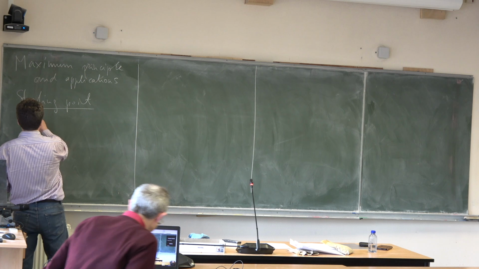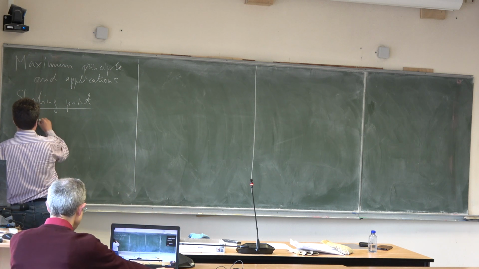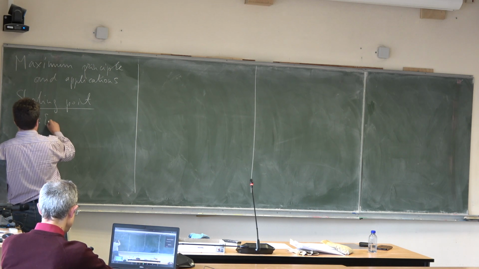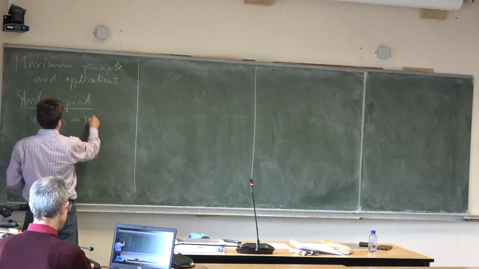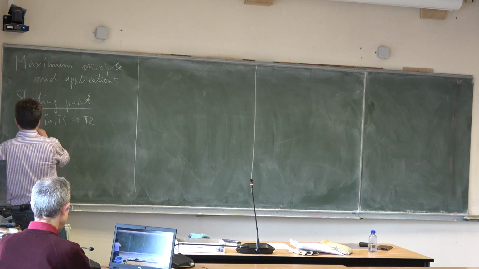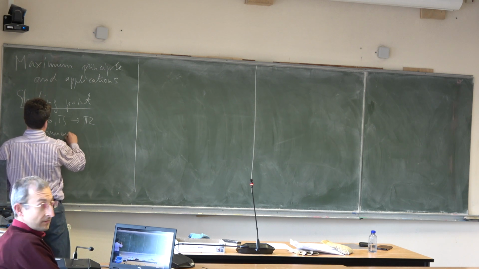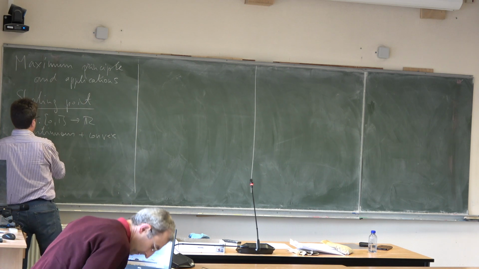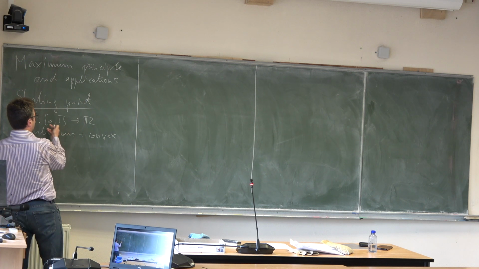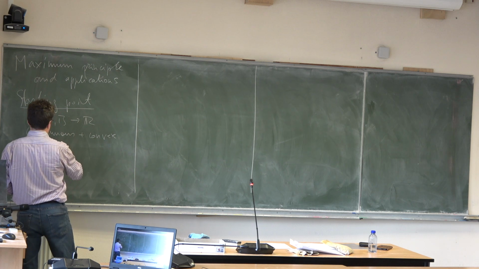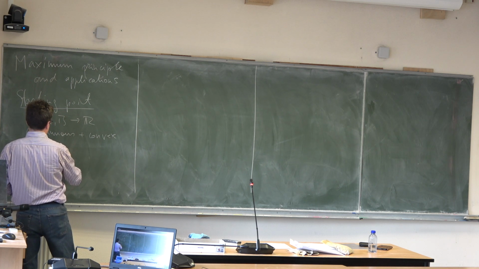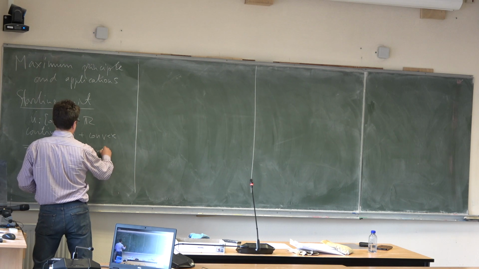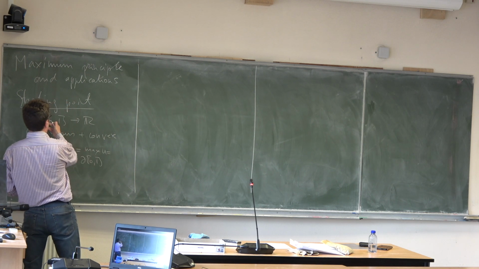If you take a function, I call it u, from [0,1] into R, that is continuous and convex, then the maximum of this function is achieved at the boundary. Right, so it's either in 0 or in 1.